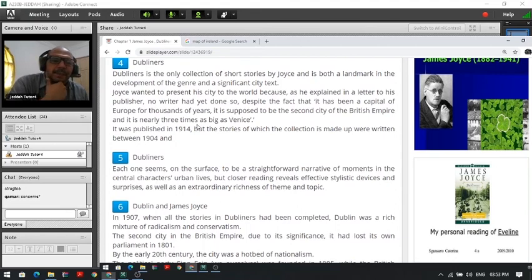But perhaps before we start talking about the different short stories, we need to define, or agree on what a short story is, and also agree on the elements of short stories.